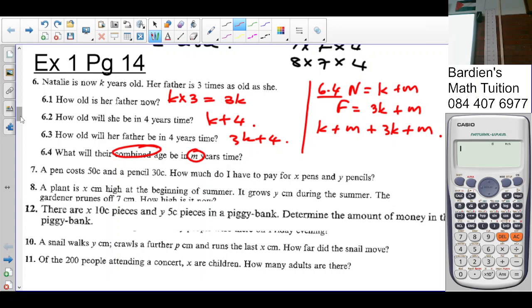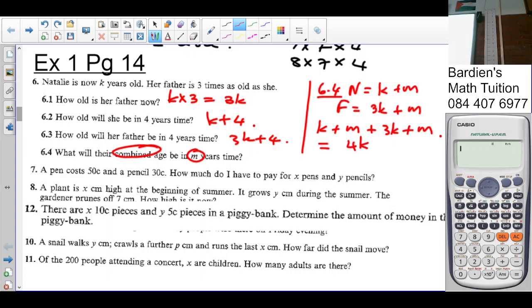So if you got 1K, get another 3K, you're going to have 4K. Not the O. You see, that's where you're going wrong. You're saying it's an O. It's a K. You guys got it?